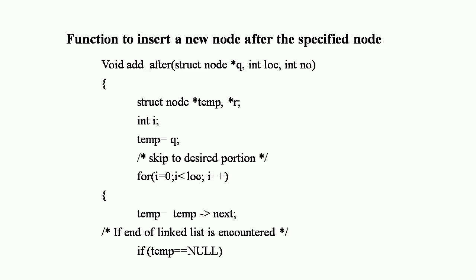One comment box says skip to desired portion. For i is equal to 0, i less than location, i plus plus, the for control statement is over. Another curly brace starts: temp is equal to temp implies next, so temp moves to the next element.